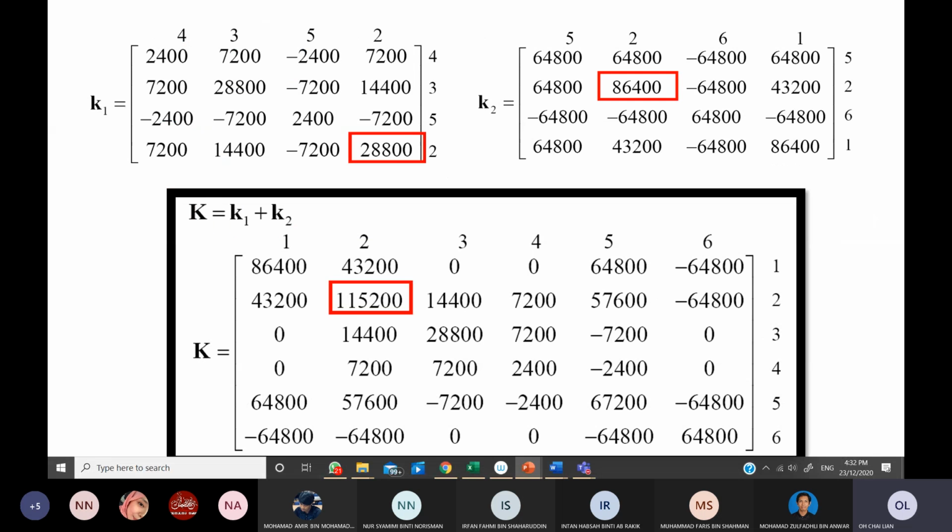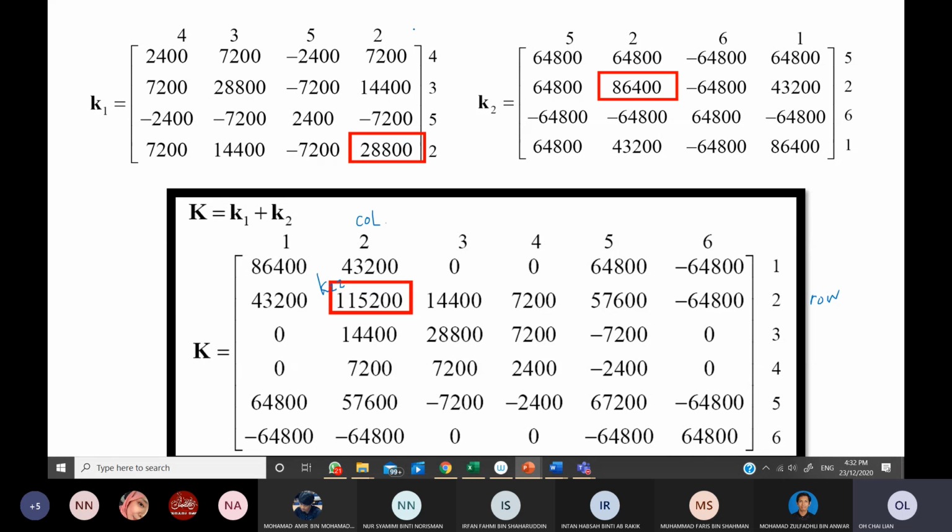How to do that? Okay, so I have gathered all the K1 and K2 here. Okay, maybe let us try again. I think we have done this in our last lesson. So let's have a look at the one that I highlighted in the square. If I want to find K22, meaning that I am looking at column number 2 and row number 2.